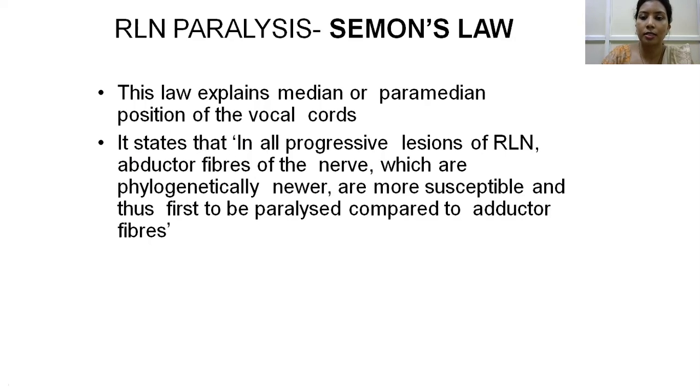So Siemens law states that because the adductor fibers are destroyed later, in a later stage, and there is loss of abduction, the cord tends to assume a median or a paramedian position. Okay, to come into a median paramedian position, there needs to be adduction. So when the abduction is lost, automatically these adduction muscles compensate initially and get the cord into the median or the paramedian position. So this is the Siemens law.